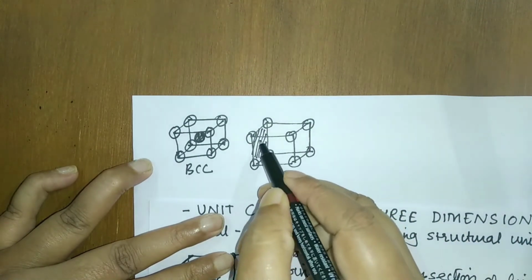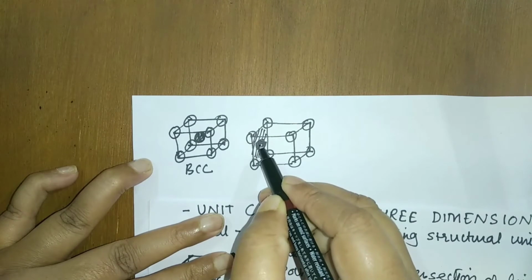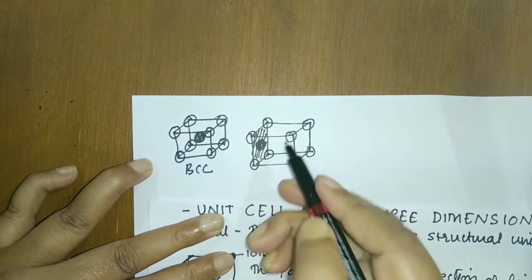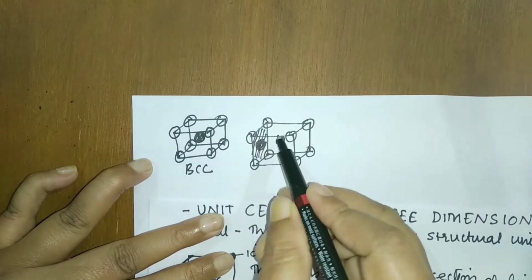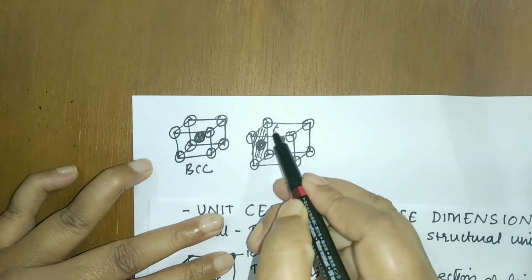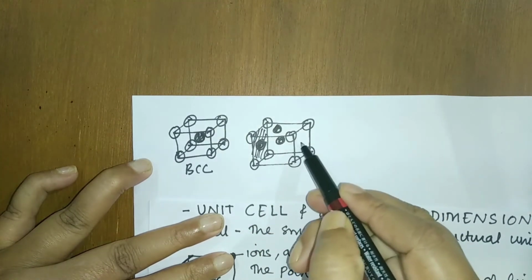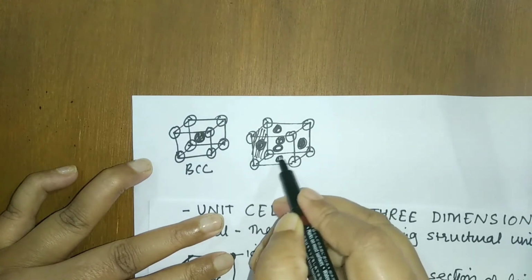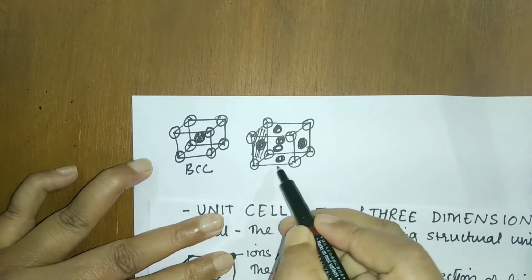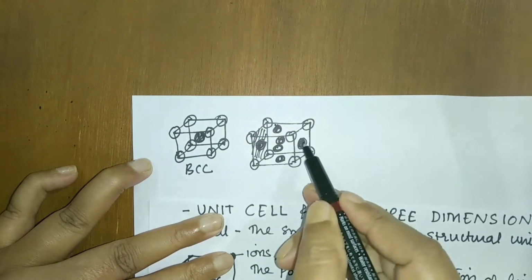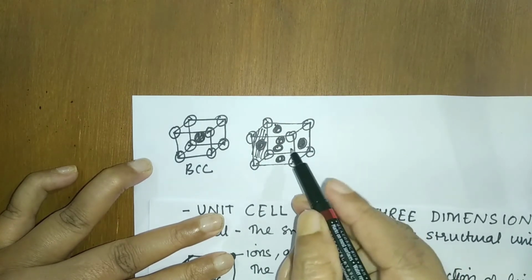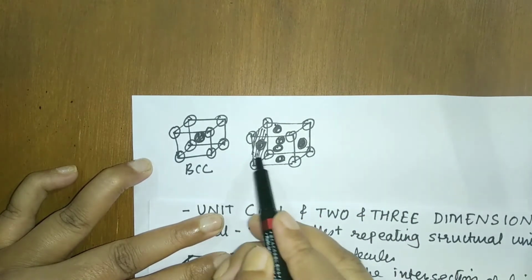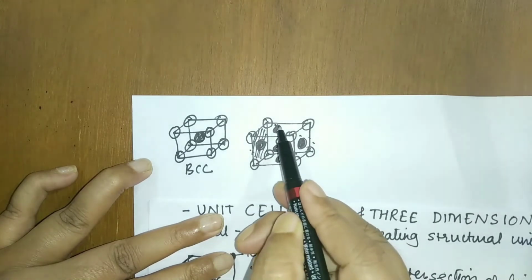So the atom is present at the center of each face. If I draw in a similar way, I will have the structure, because this will be in this face. This will be on the upper face. On this side, this is the center of the face, the front face, the down face. So how many atoms are there? 1, 2, 3, 4, 5 and 6 atoms. They are present in the 6 faces. So 4 in this direction, 1 up and 1 down.